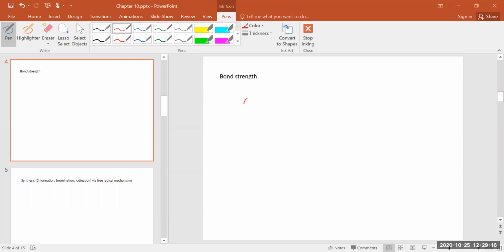Suppose you have a carbon-fluorine bond and the other halogen bonds: carbon-chlorine, carbon-bromine, and carbon-iodine. In kilocalories per mole, the bond strength of carbon-fluorine is almost 110, carbon-chlorine is 84, carbon-bromine is 70, and carbon-iodine is 57.